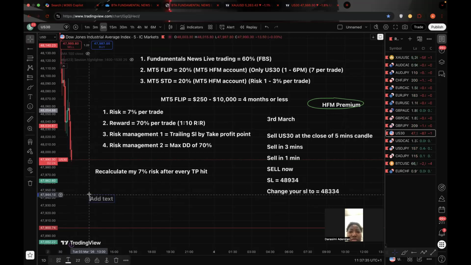Okay, that will be 250 times 70%. So if you do 250 plus 70% profit, times 1.7, it will give you $250 plus 70% of $250, which will be 425.